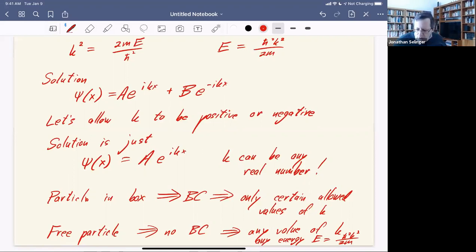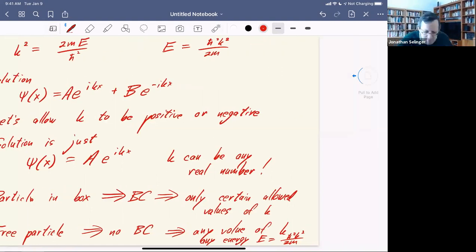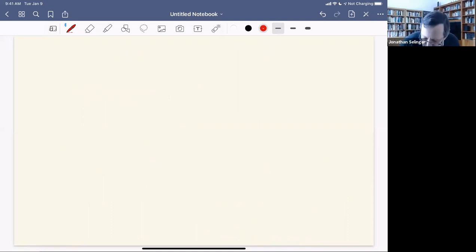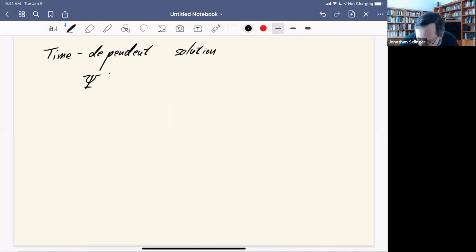Okay, so we've taken care of the Schrodinger equation, we've taken care of the boundary conditions, there aren't any, right? And so in some sense, then we're done, right? So we could say, now let's go back to the time-dependent solution, that is this capital psi of x and t.